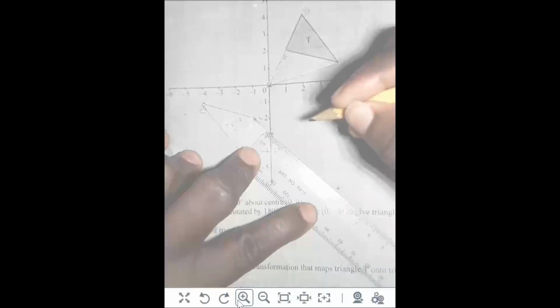Remember, this point is to get the direction of 180 degrees. Then let's measure 1.1 here. If you set it very well, 1.1 will be around here.